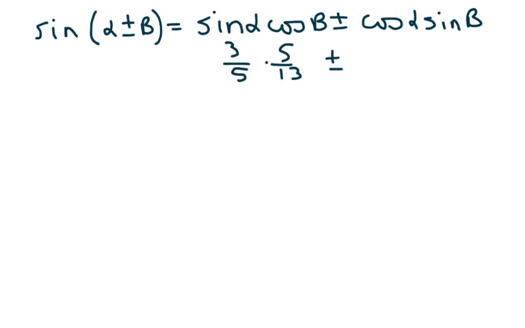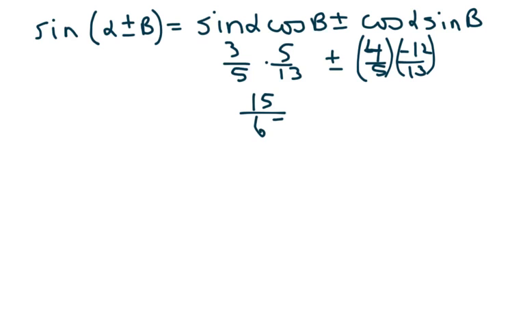Plus or minus cosine of alpha is 4/5. Sine of beta is negative 12 over 13. Since it's negative, I'm going to put parentheses on this one, so it doesn't look like we're subtracting. Then you multiply across, and you get 15 over 65 plus or minus negative 48 over 65.